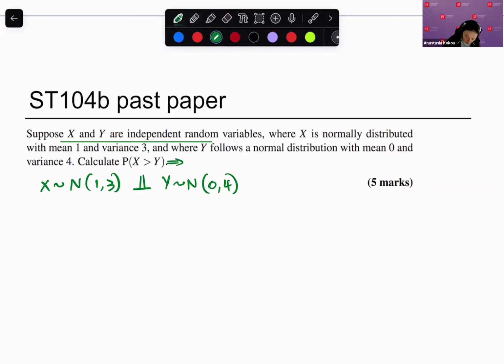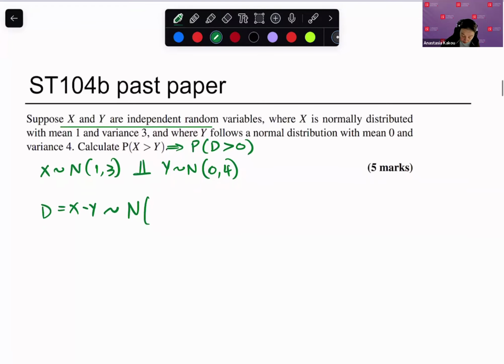This can be rewritten as the probability of their difference being greater than 0, if we define the difference as x minus y. That will have a normal distribution because of independence and because you have a linear combination.